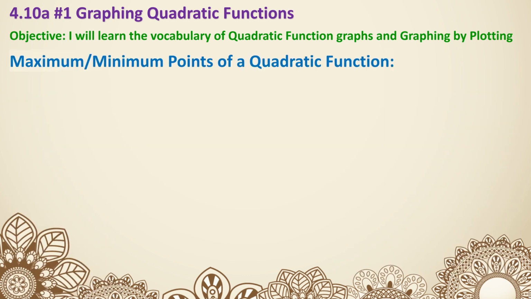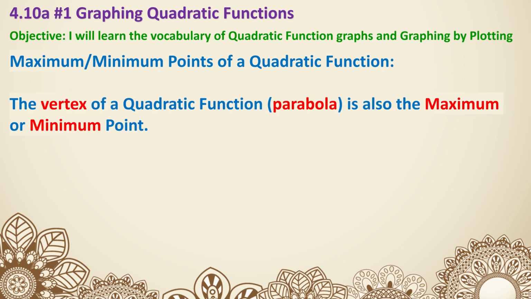Moving on, maximum minimum points of a quadratic function. So the vertex of a quadratic function or parabola is also the maximum or minimum point. But how can we decide? By just looking at the question, we should actually be able to tell pretty quickly, because we can see if my graph looks like that, we have a minimum. If my graph looks like this, we have a maximum.